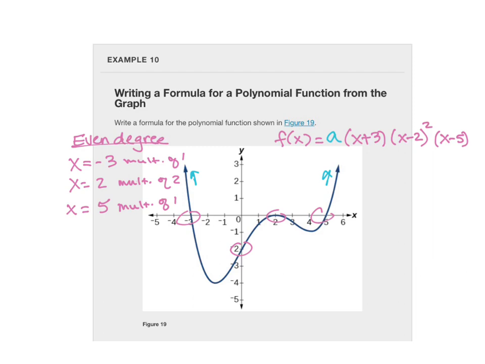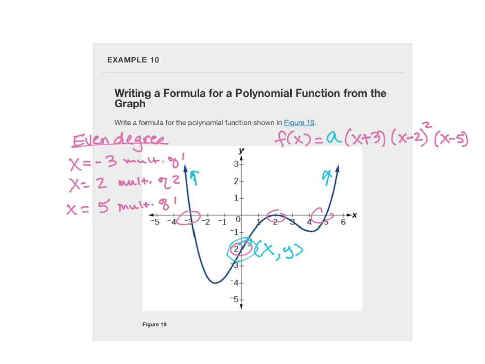To solve for that a value, we need a point off the graph. You can pick any point off the graph. I would say if your y-intercept is an option, that's your best point. Okay? In that y-intercept, there is an x and a y piece of information. Are you following what I'm saying?